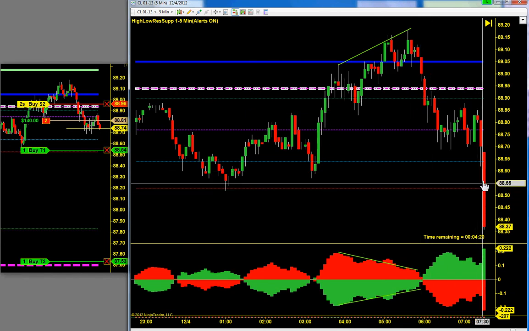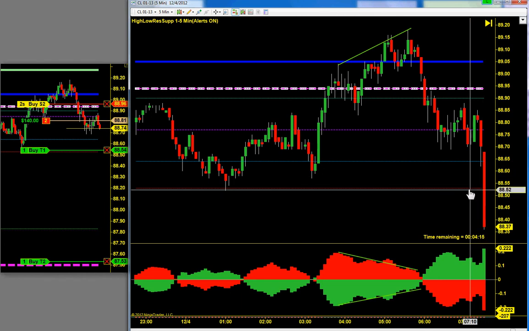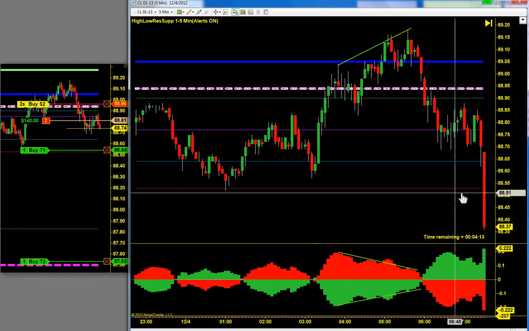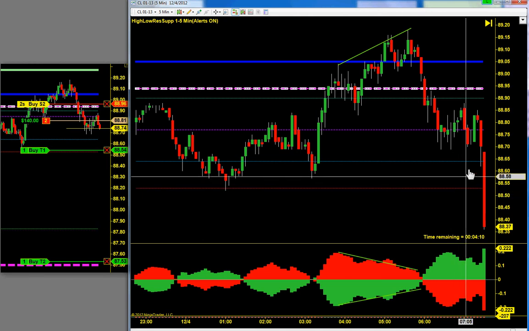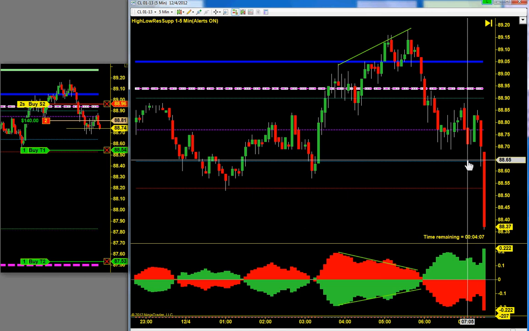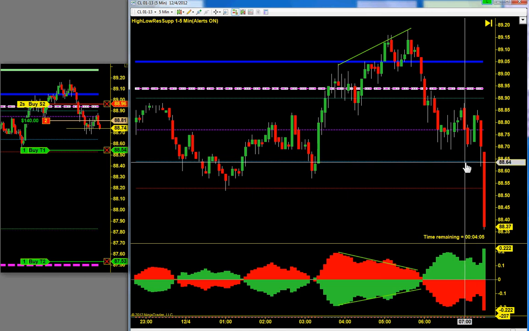Another 5 minutes rejected this red and passed through this. It was holding, so then my confidence is now more, right?